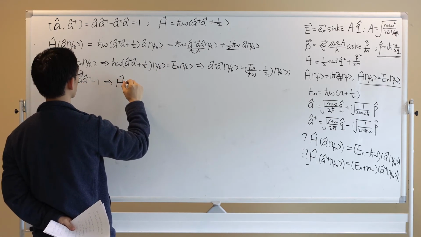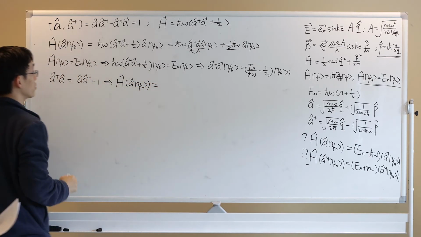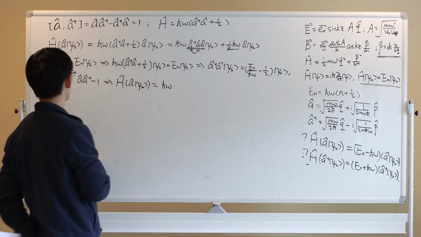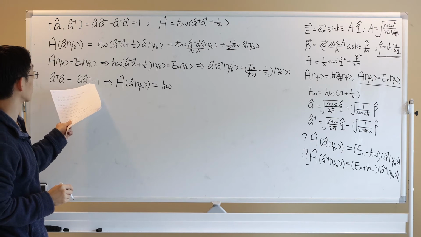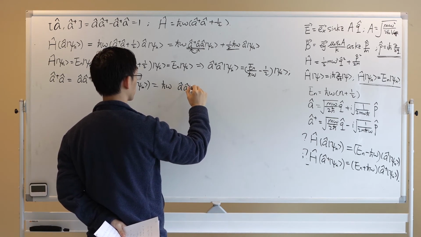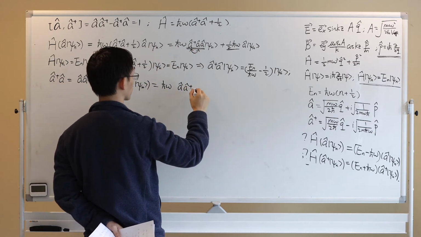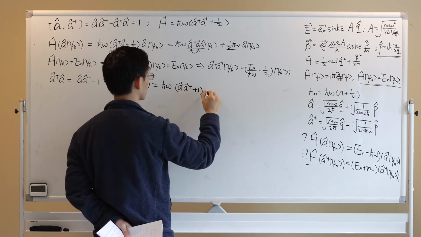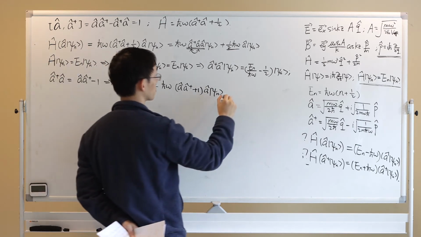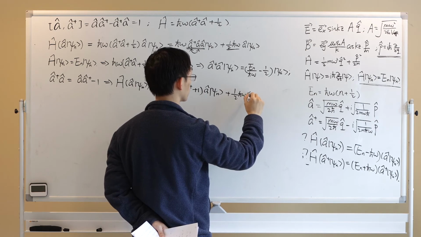Then H a psi n will equal h bar omega, which is the same, a dagger plus 1, a psi n, plus 1/2 h bar omega a psi n.